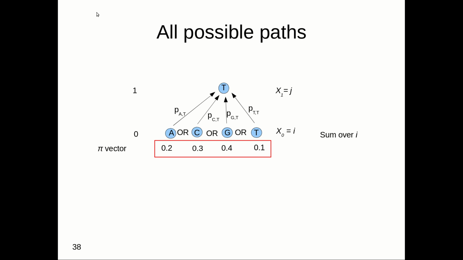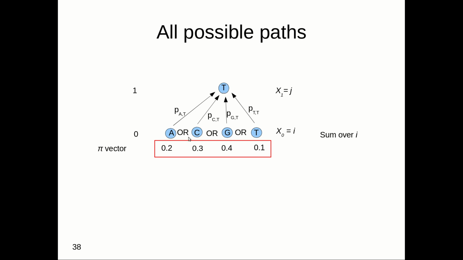So here, once again, is a visualization of that. Here's our p vector, so those are the initial states, or the probability of being in the initial states at time 0. Here, for instance, this is 0.2 for being in A, 0.3 for being in C, 0.4 for being in G, and 0.1 for being in T. And so we can be in any of those initial states, and then have the transition probabilities to time step 1 here.